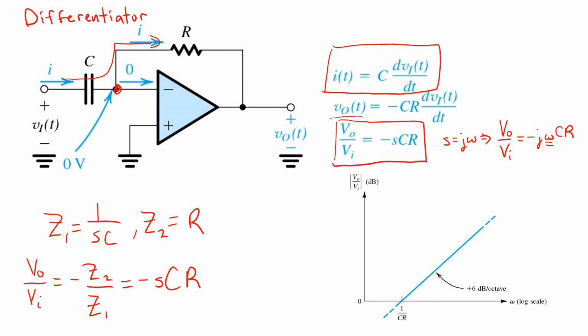So when we plot it with dB on the y-axis and a log scale on the x-axis, we find that it increases at a rate of 6 dB per octave or 20 dB per decade. Finally, by equating the magnitude of the frequency response to unity or 0 dB, we find the unity gain frequency is equal to 1 over CR.